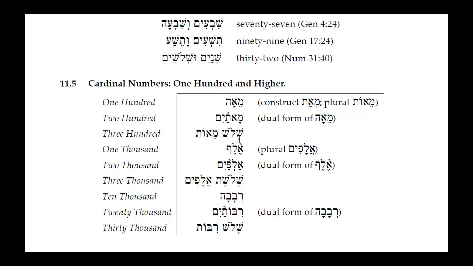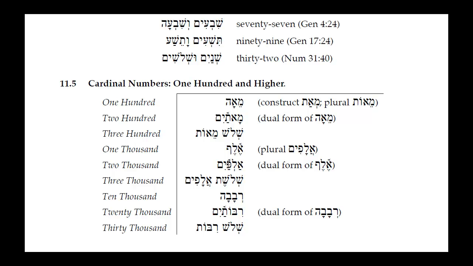We have elef, which is where we get the word aleph from. The first letter of the Hebrew alphabet is Aleph, which means thousand, herd. That's why Aleph is a herd, or it means strength as an oxen. So that's where that word comes from. Well, we have 2,000.